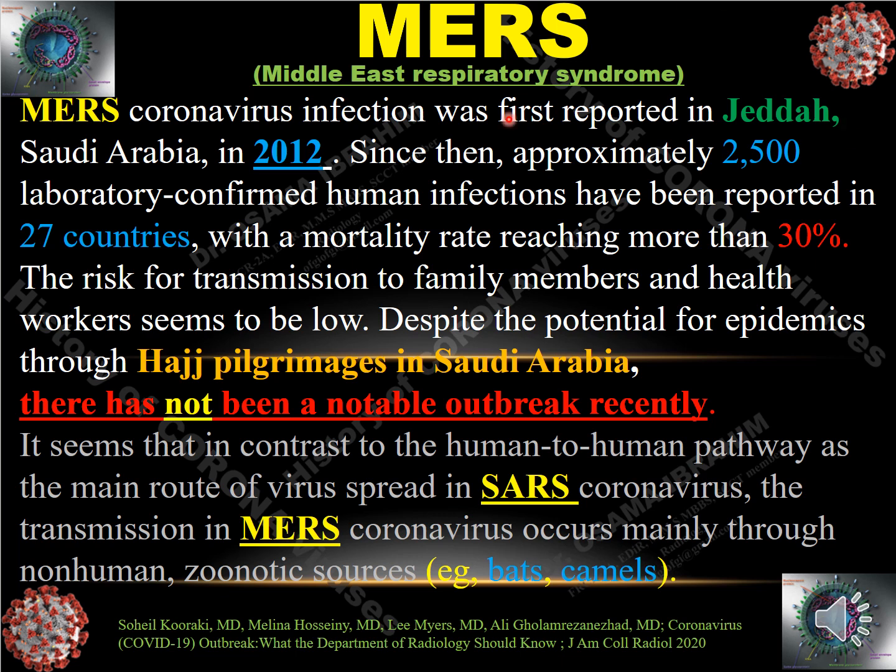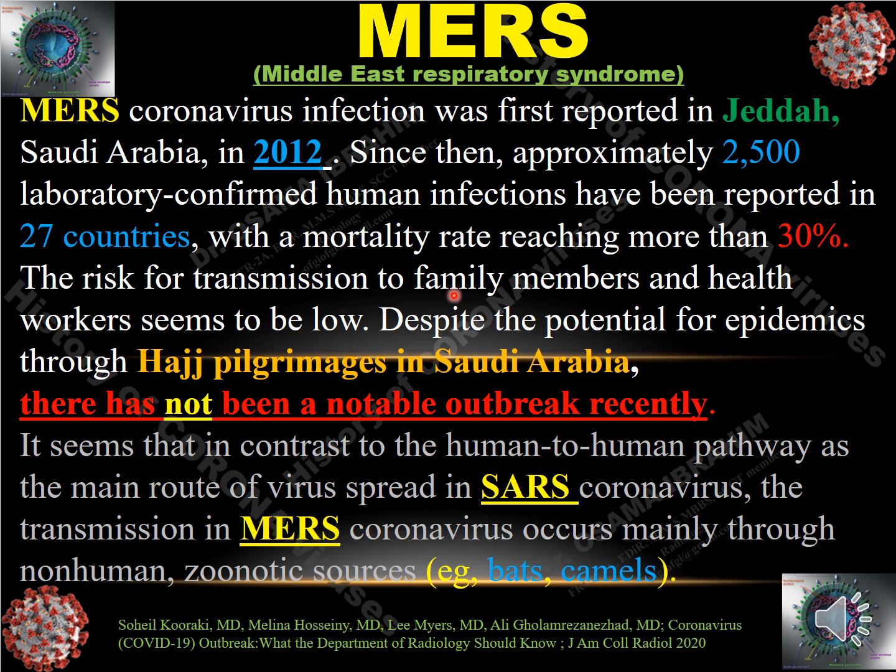So the next is MERS, Middle East Respiratory Syndrome, a type of coronavirus infection first reported in Jeddah, Saudi Arabia, in 2012. Since then, approximately 2,500 laboratory-confirmed human infections have been reported in 27 countries, with a mortality rate reaching more than 30%.